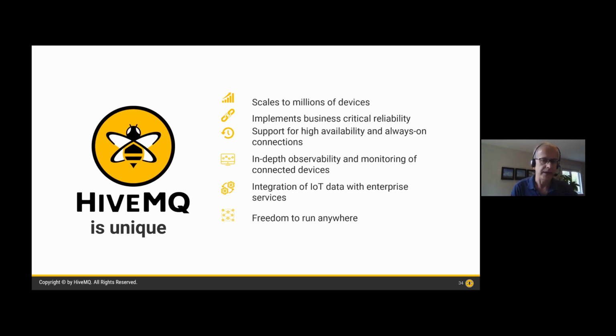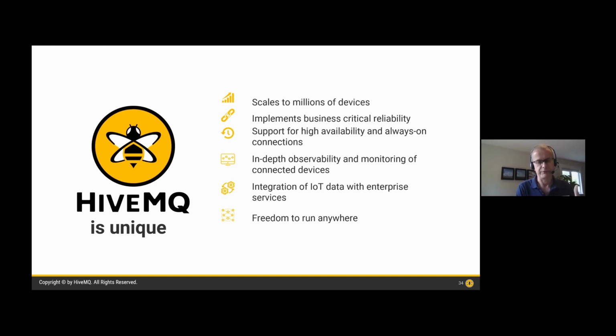The next area is our support for business critical reliability and high availability. This is one of the key reasons why people come to us for using HiveMQ as their MQTT broker. We are able to set up an HA environment, a cluster environment, where if a cluster node goes down, the devices that are connected to that node automatically get rolled over into the remaining cluster nodes.